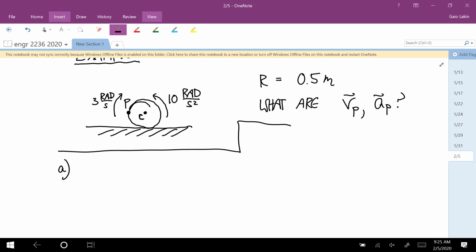Why do we need to do that? Okay, we're trying to calculate the velocity and acceleration of that point P, right? And the velocity of that point P relative to the ground is the velocity of P relative to the center plus the velocity of the center relative to the ground. Okay.